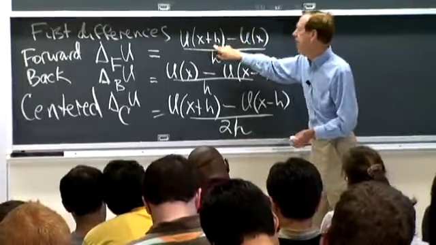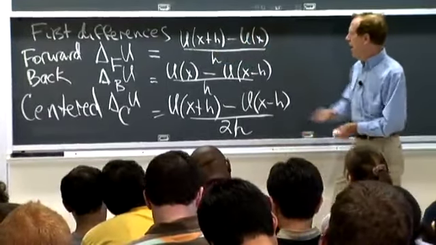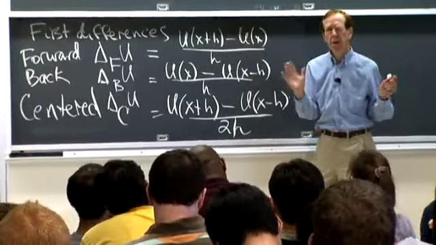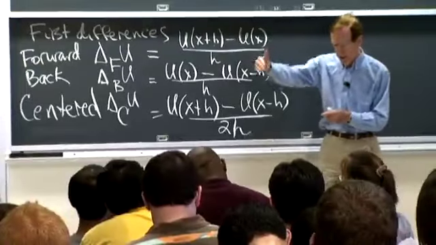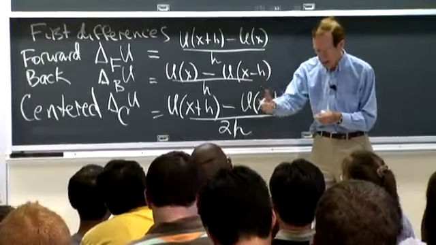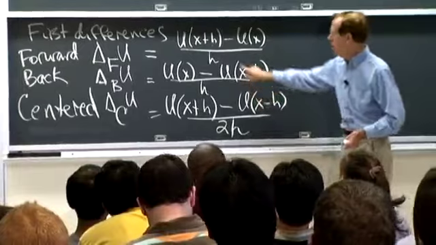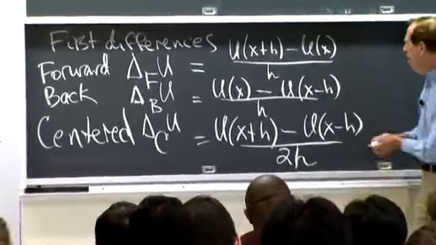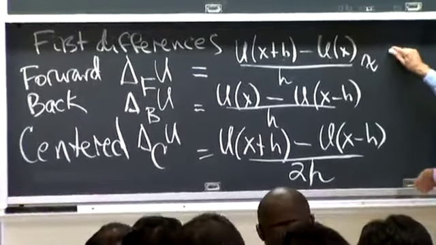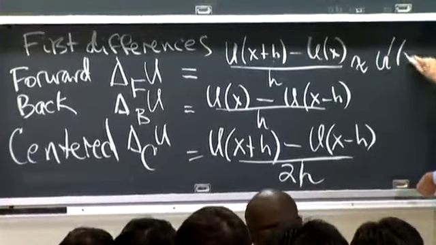You moved a finite amount. This is the one you always see in calculus courses: u at x plus h minus u of x, just how much did that step go, you divide by the delta x, the h, and that's approximately the derivative, u prime at x.